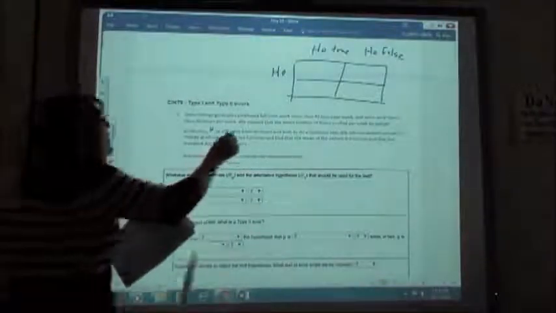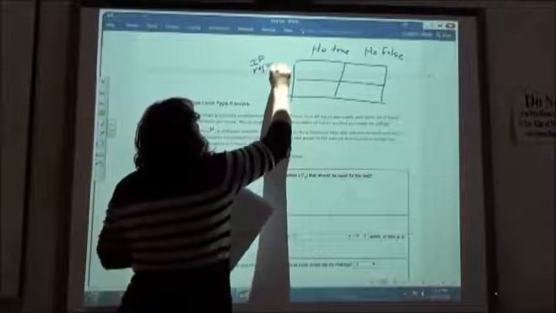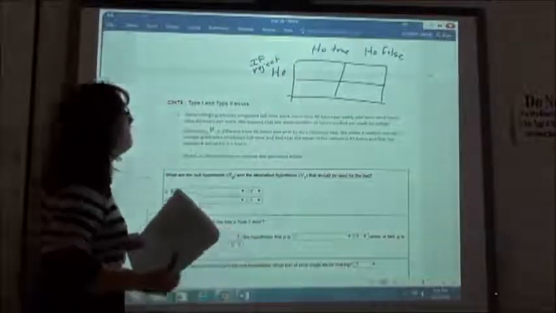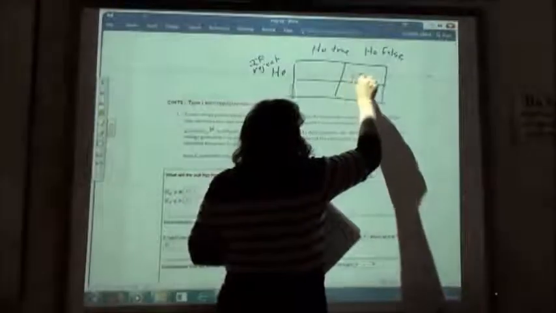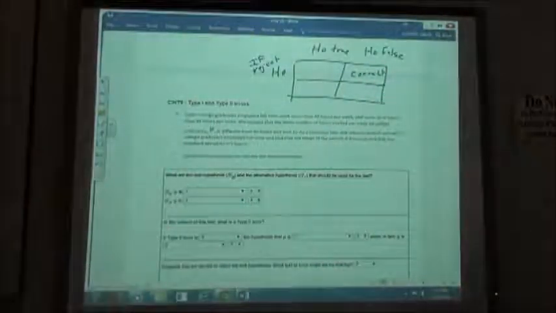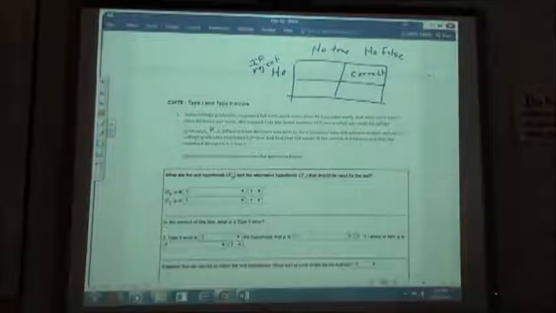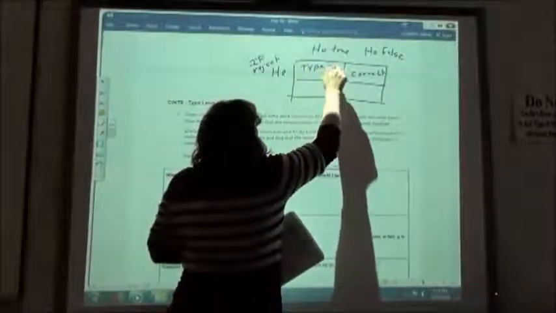If I reject the null, if I reject the null and the null is false, that would be the correct thing to do. If I reject my null and my null is false, that's correct. If I reject the null, but it was actually true, they're going to call that a type 1 error.